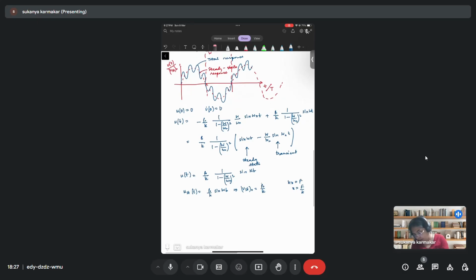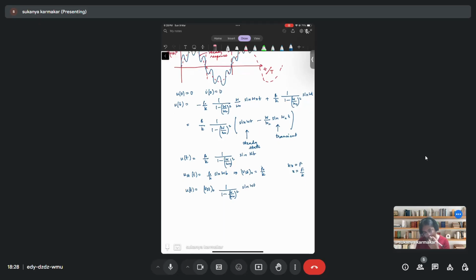That is, we can write that u of t is ust naught times 1 by 1 minus omega by omega n whole square, sine of omega t.